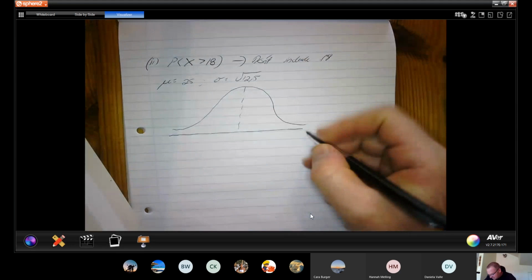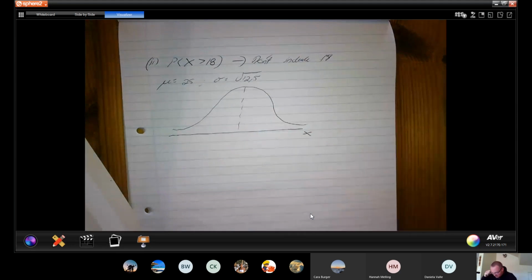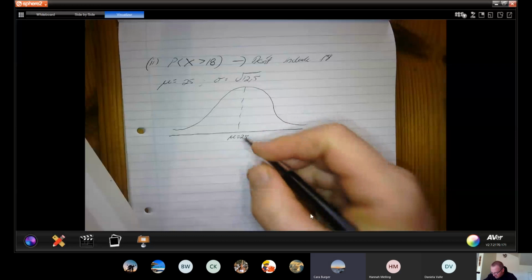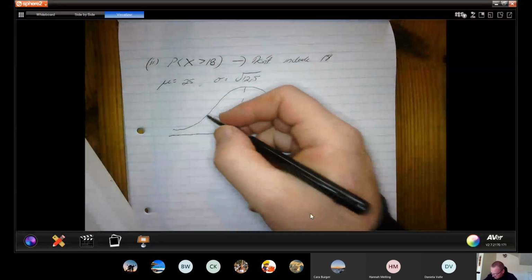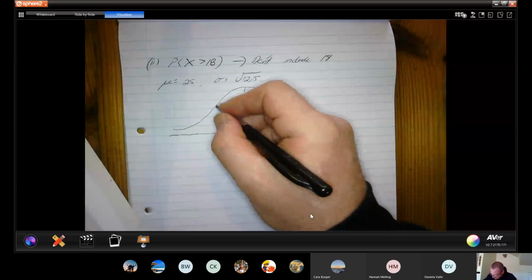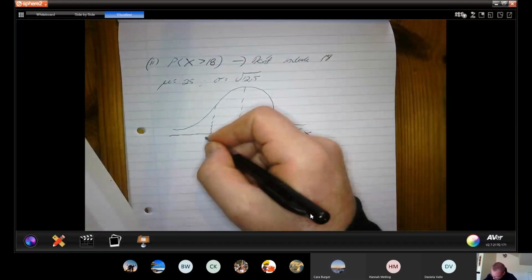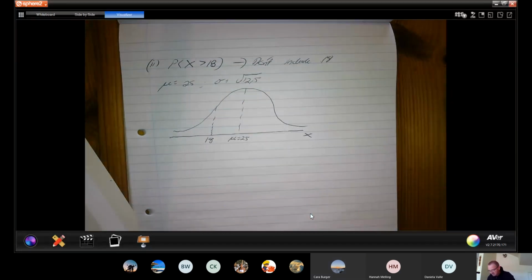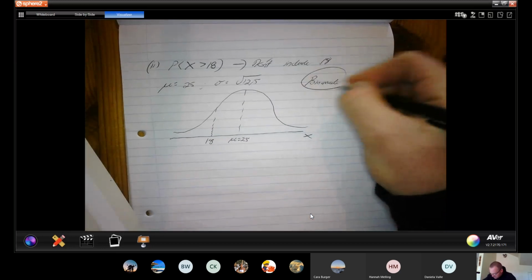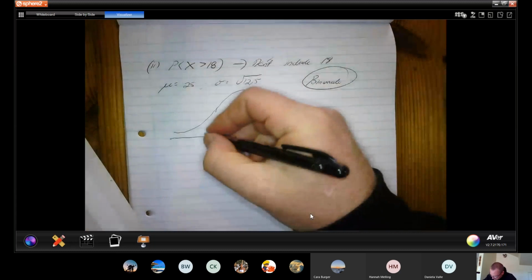Right, so we're going to have x is greater than 18. So let's put in our x scores. We've got mu sitting at 25. So 18 is to the left of 25. Let's put it in there. There's an x score of 18. Now, because we're looking at a binomial approximation using normal, always draw in the bar.